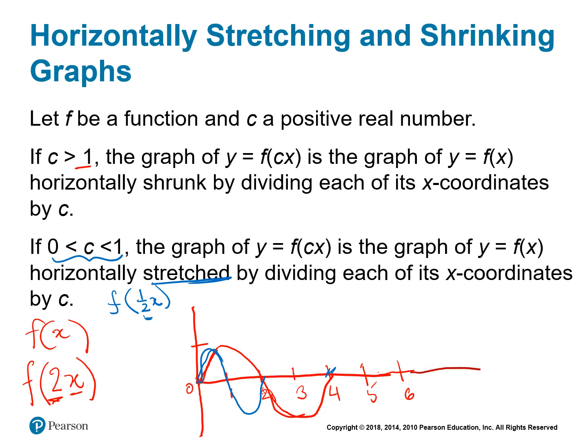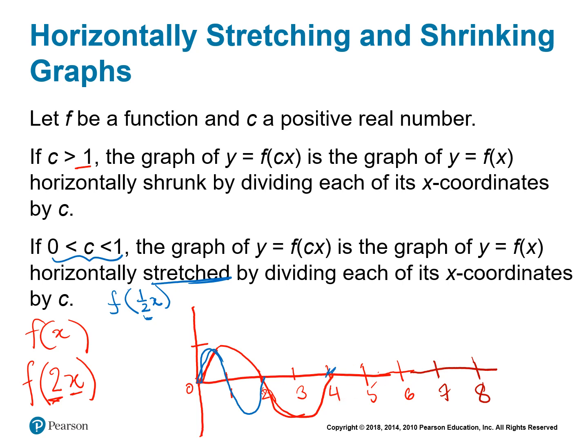Let's say I'm going to extend this to 7 and 8. The original function was spanning between 0 and 4. If c is 1/2, then it's going to go over 8 units instead of 4.